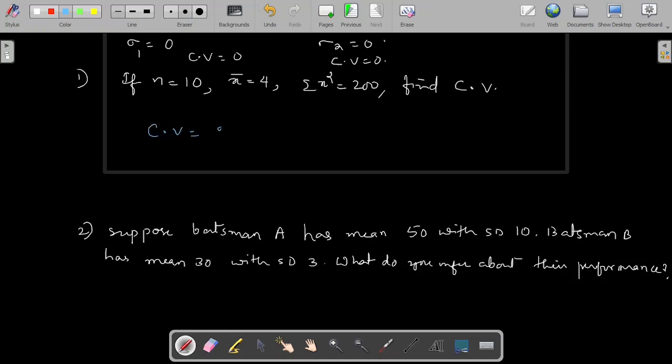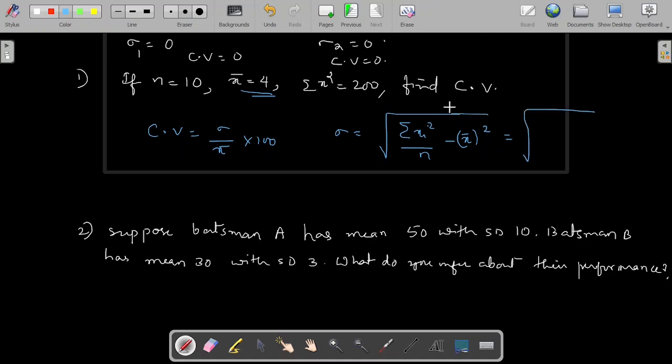CV equals sigma by x bar into 100. X bar is given, which is 4. We need sigma. Sigma equals square root of summation of xi square by n minus x bar whole square. This is using the other formula of variance. Summation of xi square is given, so square root of 200 divided by 10, minus mean square, 4 square, which is 16.